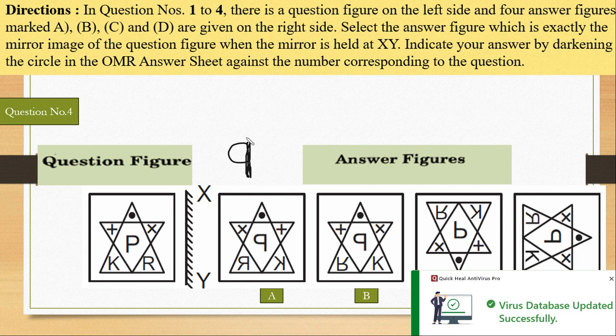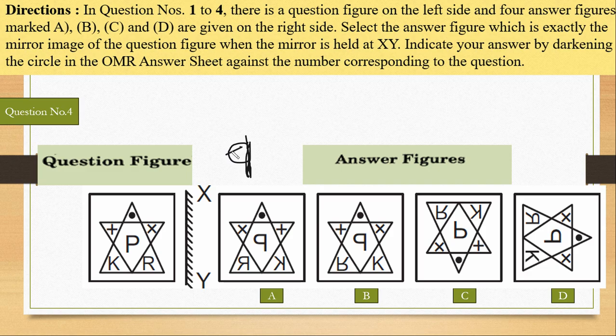P appears like this. So the matching figures will be only A and B. These two are wrong. Let us focus on only A and B.